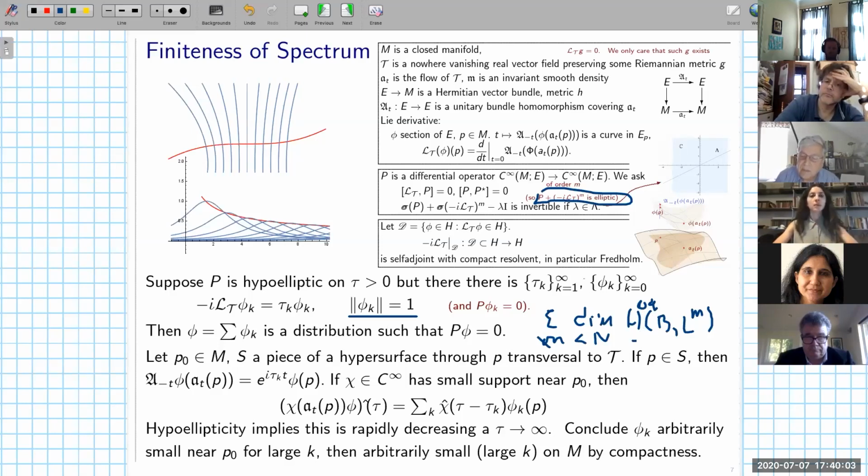And then once you do that, you can say better things about, for instance, zeta functions. So there is a two-way road, but I don't know.